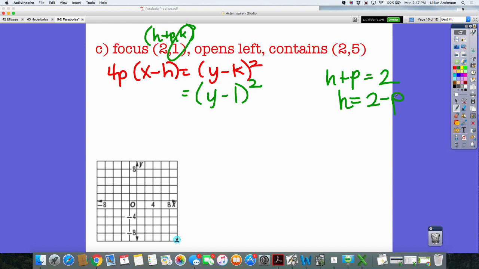The reason I'm doing this is because we do not have enough information to just plug everything straight in. All we have is a point on the parabola and the y-coordinate of the vertex, but not p nor h. But we do have an equation that allows us to solve for one of the variables, which means I could take this 2 minus p and plug it in for h.